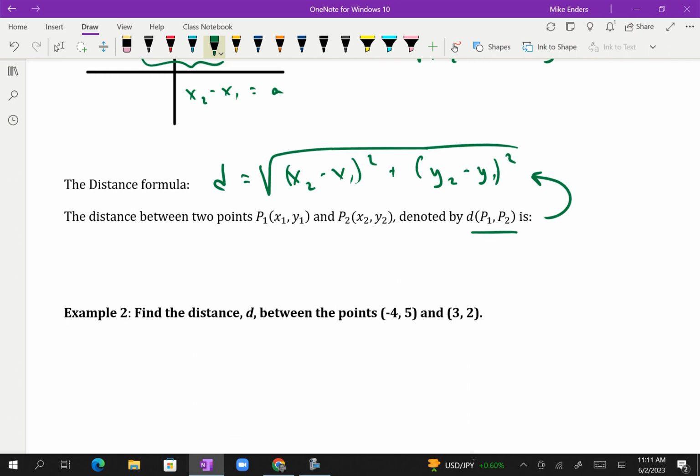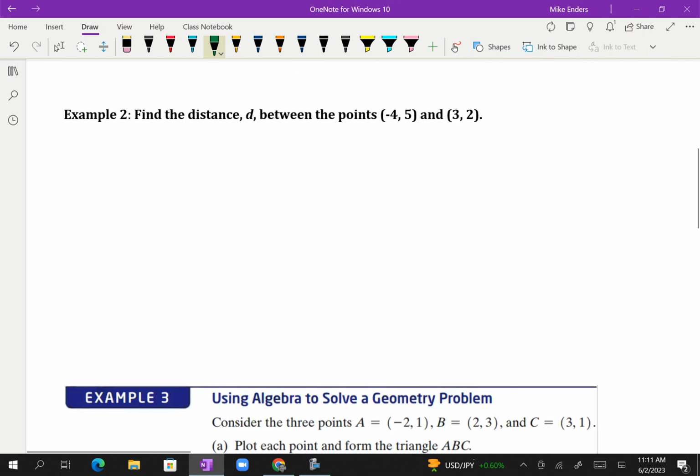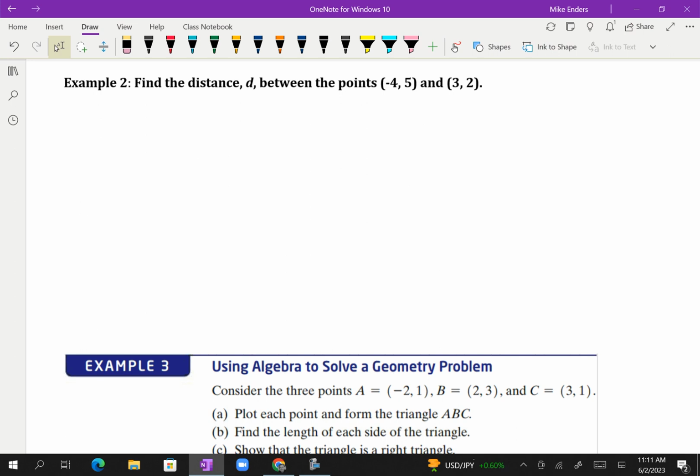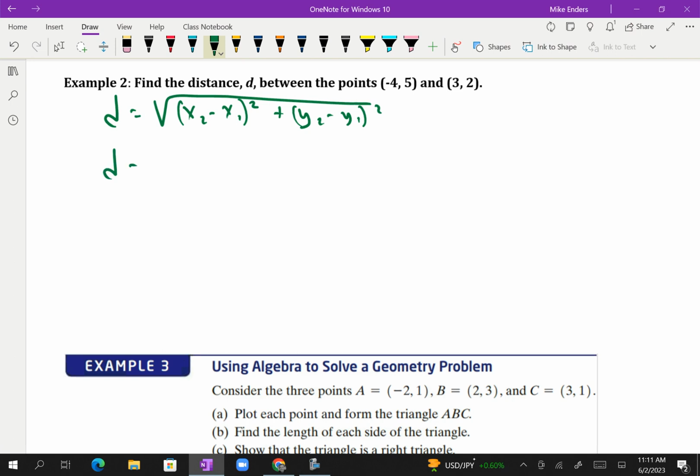So let's use that to find the distance between these 2 points, between -4,5 and 3,2. Let's see, if we write the distance formula down again, our distance is the difference in the x's squared plus the difference in the y's squared, and we square root that whole thing.